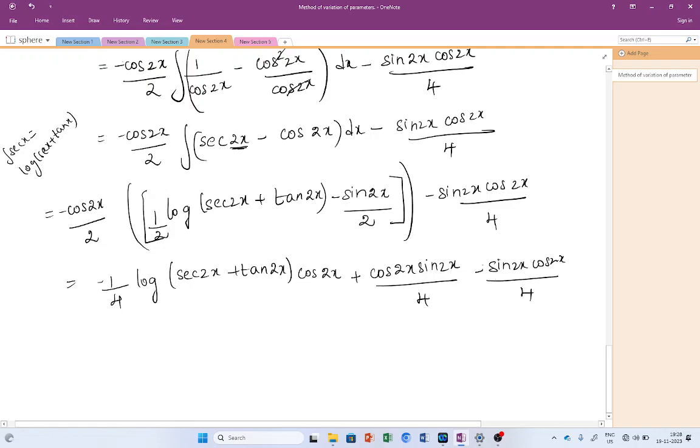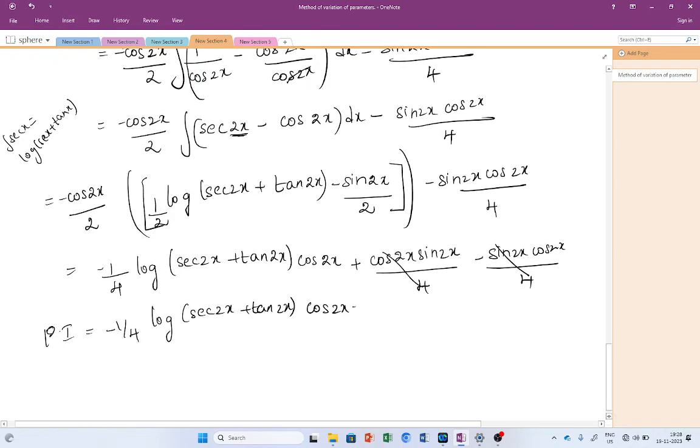Okay, so these two things will get cancelled because it's the same term. So my particular integral is equal to minus 1 by 4 into log of secant 2x plus tan 2x into cos 2x.